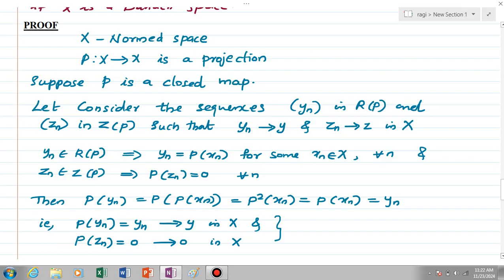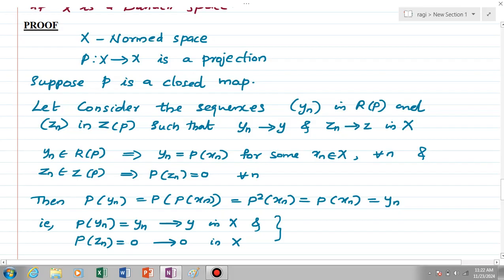Then P(y_n) is equal to P(P(x_n)), which is P square of x_n, which is equal to P(x_n) since P is a projection, and that is equal to y_n. Means P(y_n) is equal to y_n and P(z_n) is equal to 0.